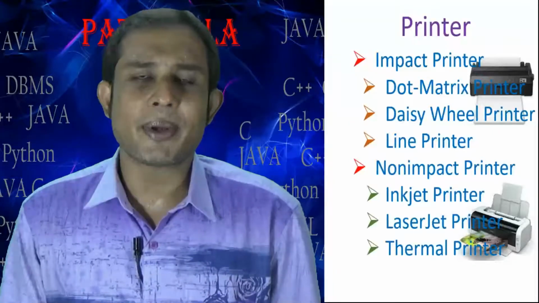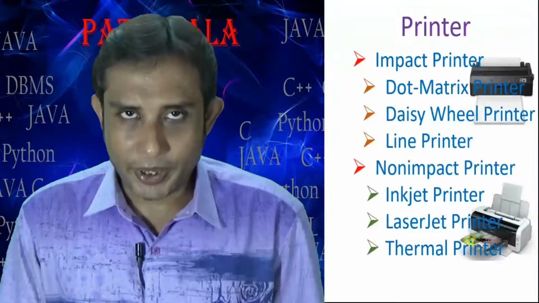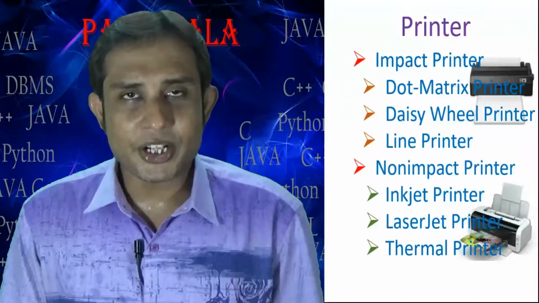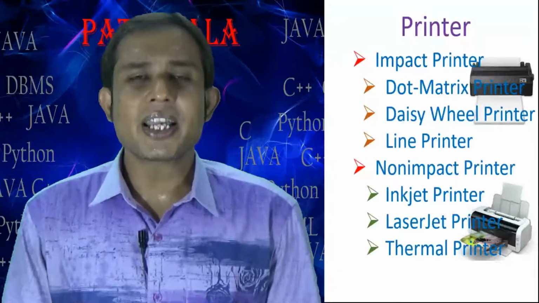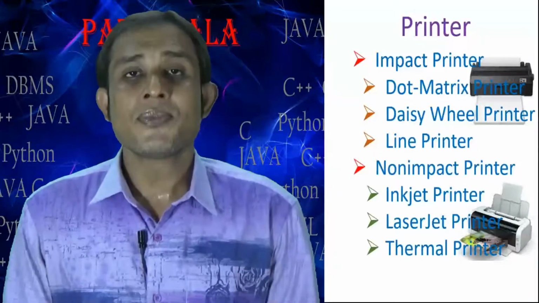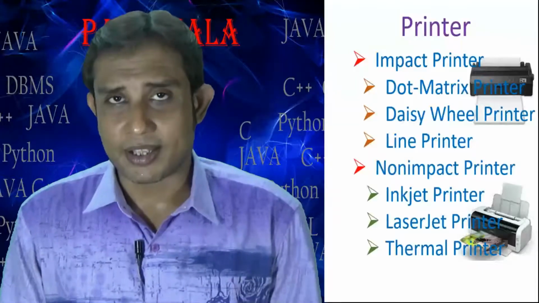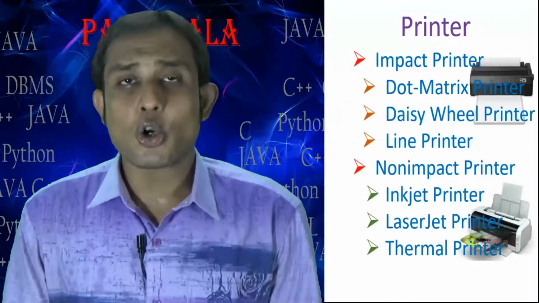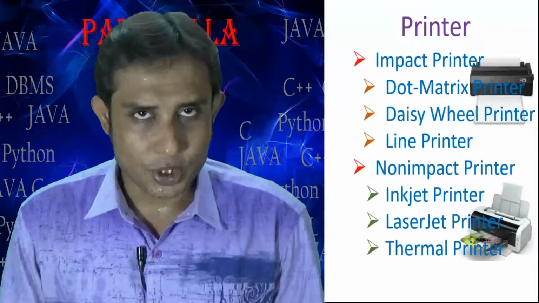Impact printers are basically categorized into three types: dot matrix printer, daisy wheel printer and line printer. The first one, the dot matrix printer, is a type of impact printer which prints a document by using a fixed number of pins or wires. These pins or wires are arranged in one or several vertical columns.